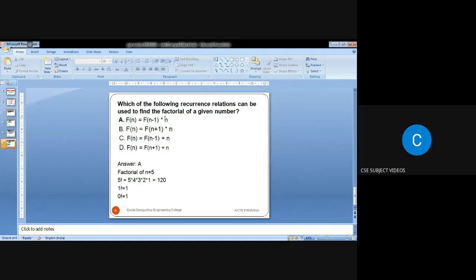Next, you have to use either backward substitution or forward substitution, or one more method, the master's theorem. You can apply any of these methods to find out the time complexity for the given problem. Unless the recurrence relation you have derived is correct, the time complexity you derive will not be correct.